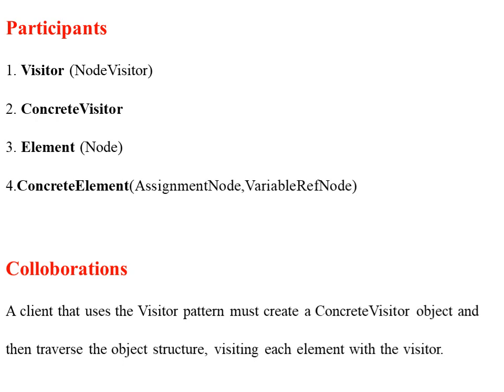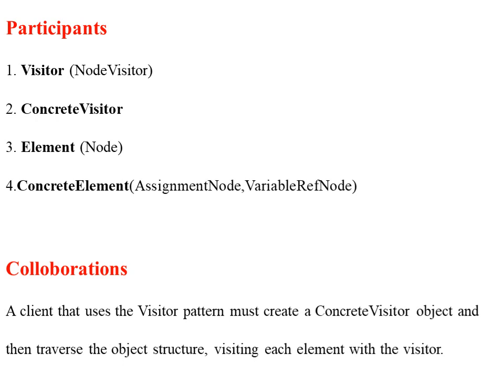And what are the responsibilities carried out by these participants? First, the visitor declares a visit operation for each class of concrete element. Whether the concrete element is an assignment, variable, or arithmetic node, the visitor declares a visit operation for each class of concrete element in the object structure.